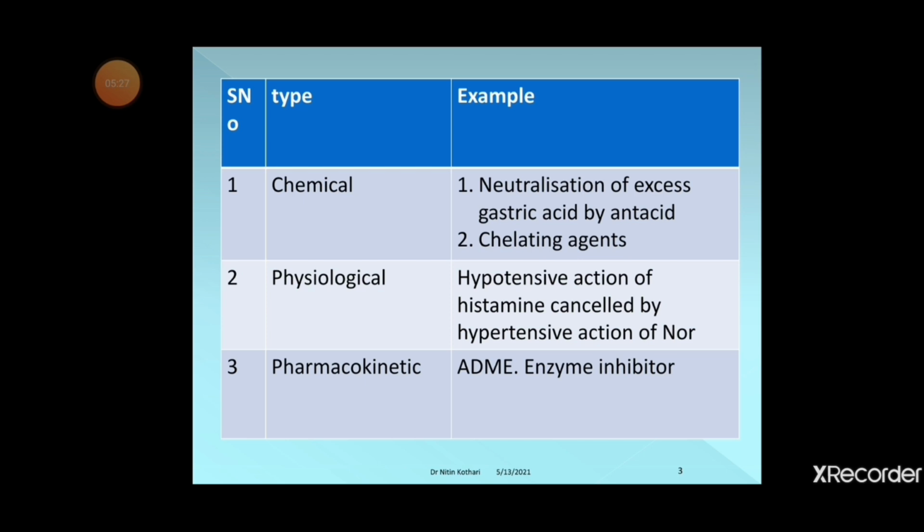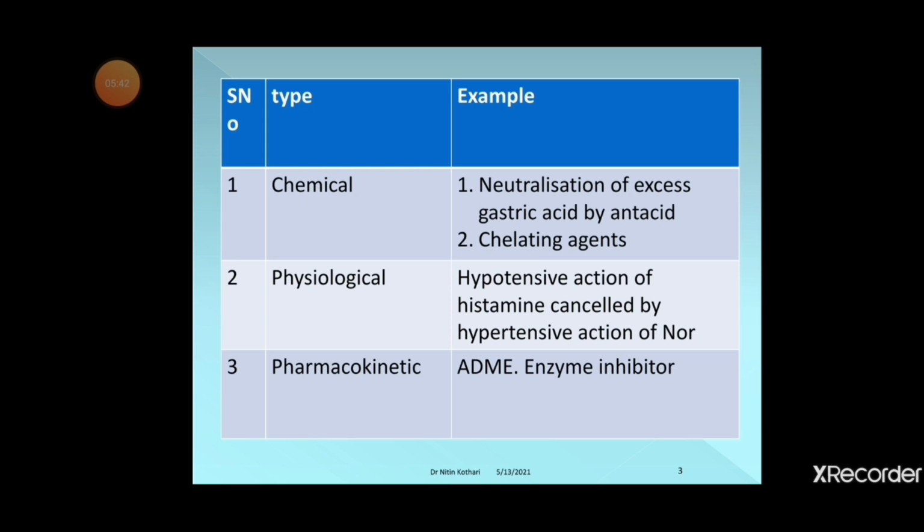For example, histamine causes hypotension. This hypotensive action of histamine can be antagonized by noradrenaline. Noradrenaline causes hypertension.